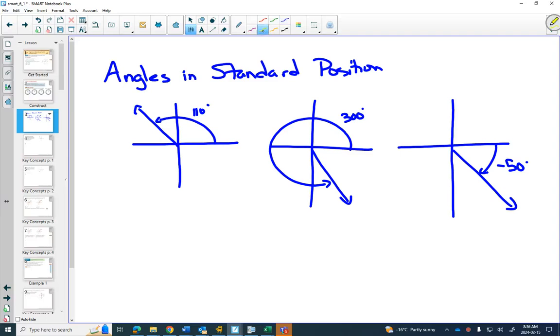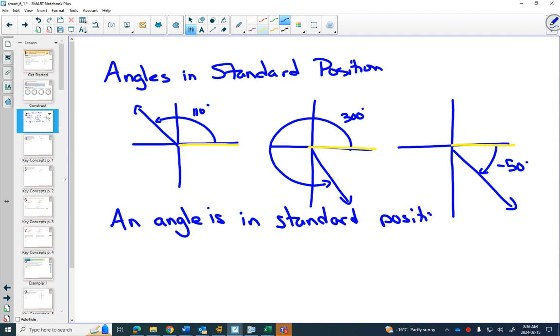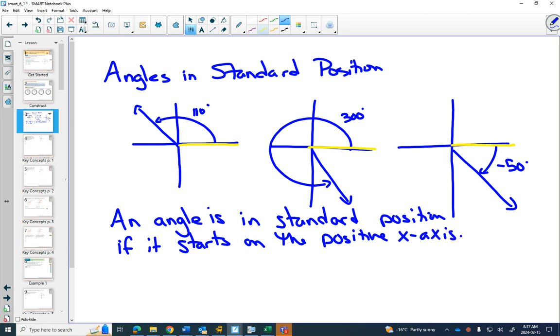The key part of the definition, number 1, the angle has to start on the positive x-axis. And if you go counterclockwise, that's positive.